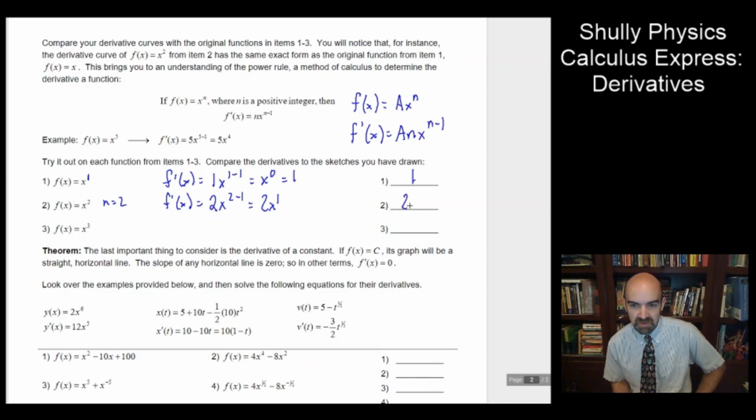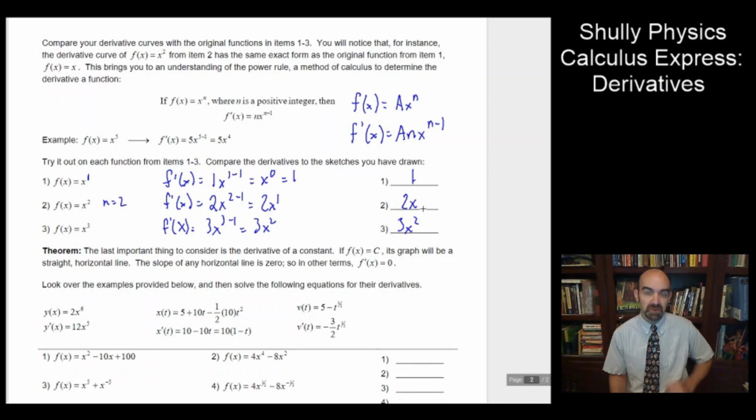So that result is 2x. And if you did the third one, f prime x, it's going to be 3x to the 3 minus 1. So that's 3x squared. And that's how you work it. You're doing calculus. This is the power rule for calculus.